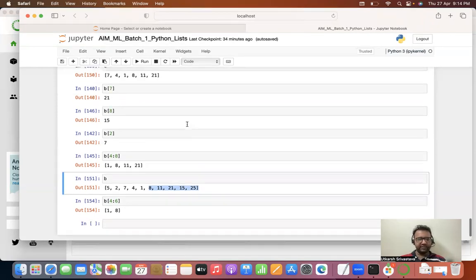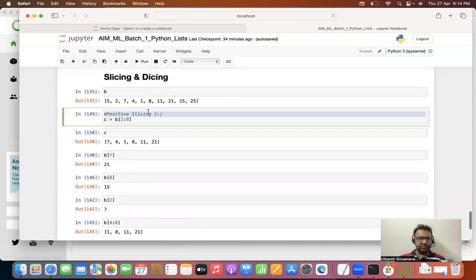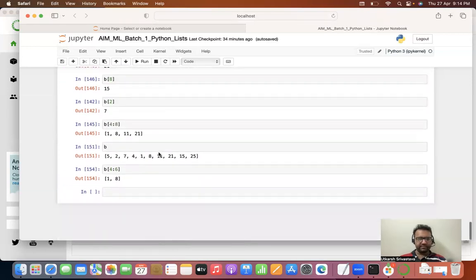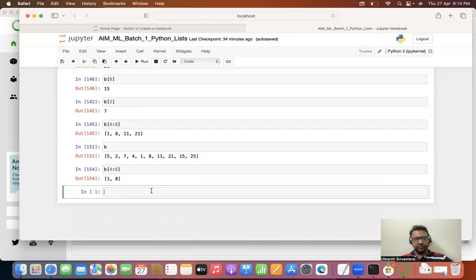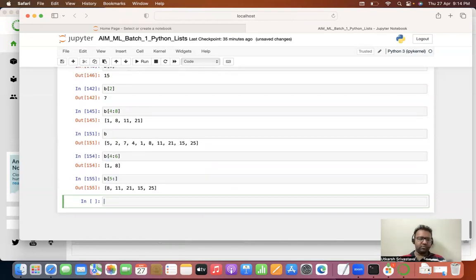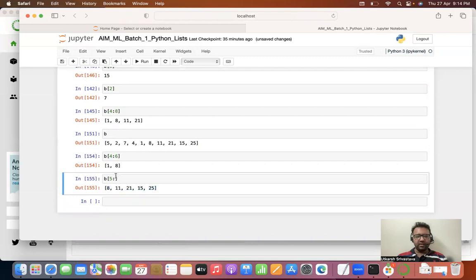We are studying positive slicing. All right, correct, B5 colon. Yes, correct. 8, 11, 21, 15. Now, if I would have written 9 over here, it would have excluded 25.